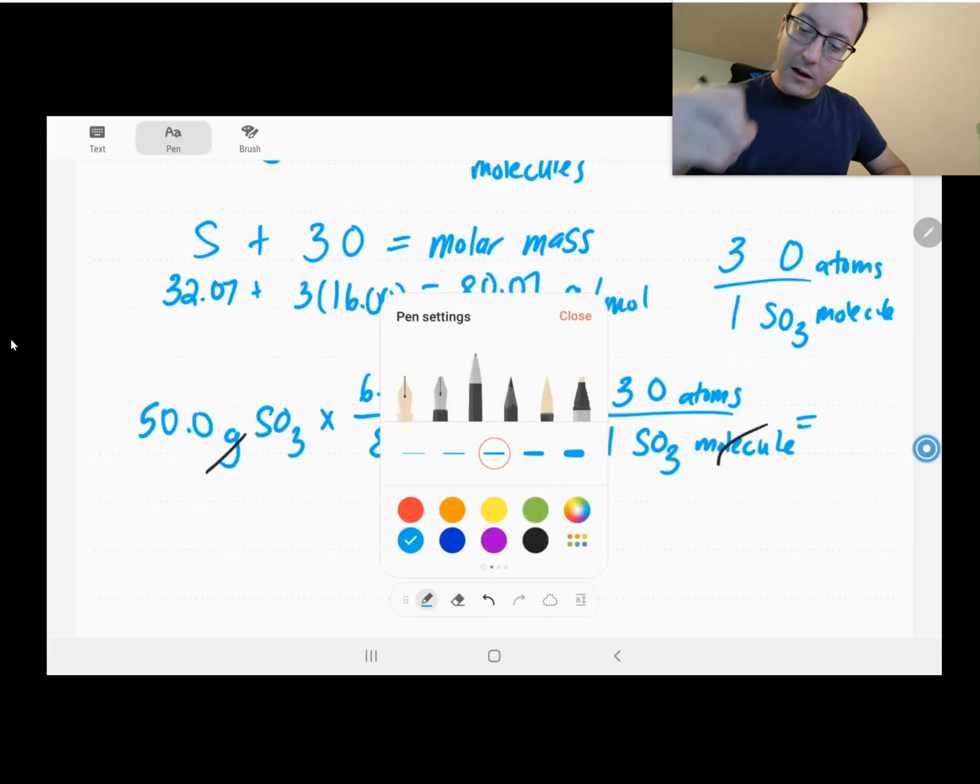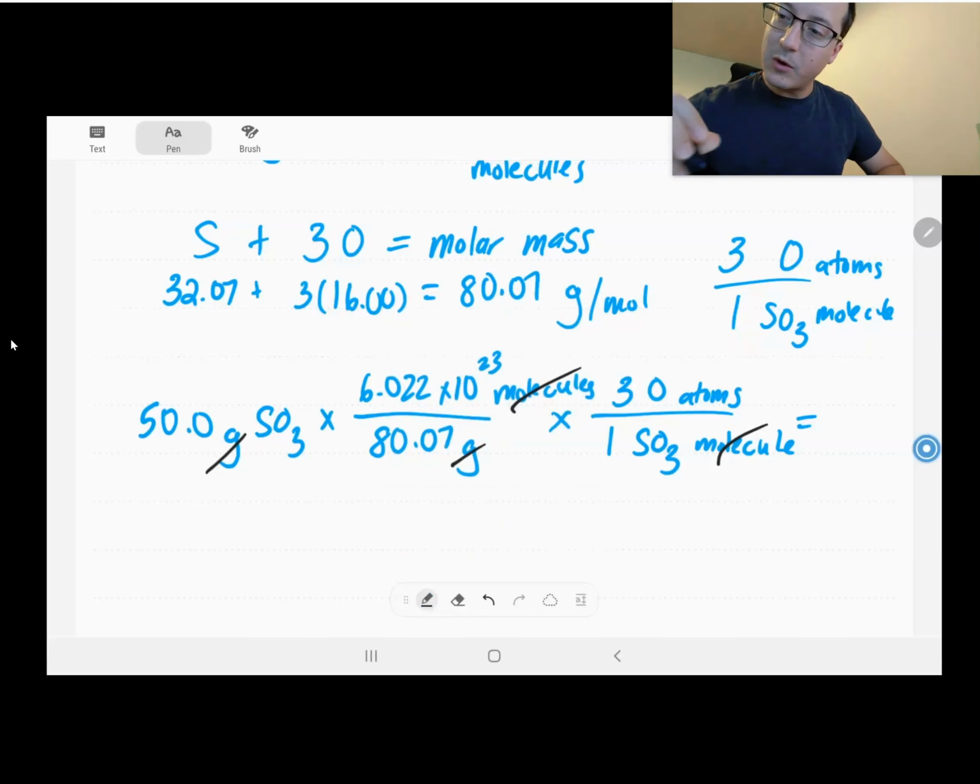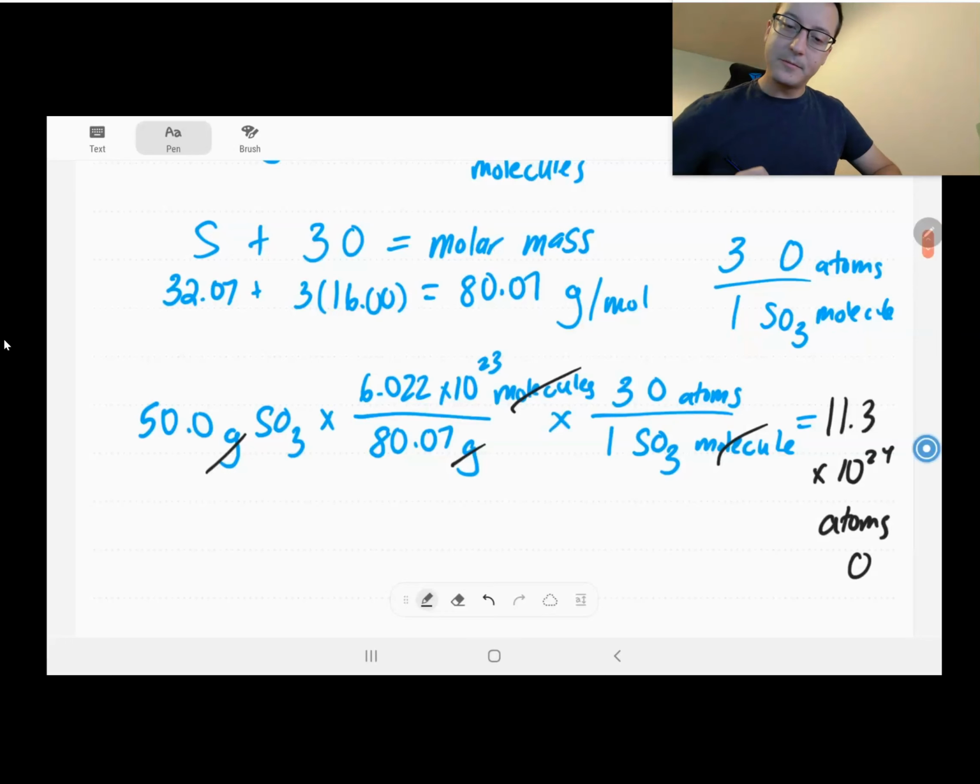And if we go ahead and do all this math, we should end up with 11.3 times 10 to the 24th atoms of oxygen. Alright, I got that from multiplying 50 times Avogadro's number times 3, divided by 80.07, and divided by 1.